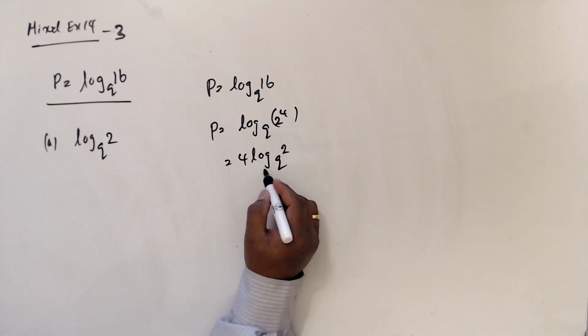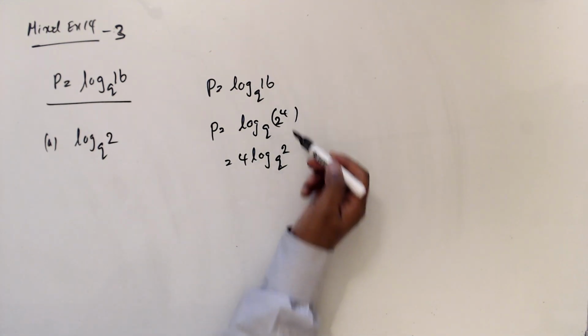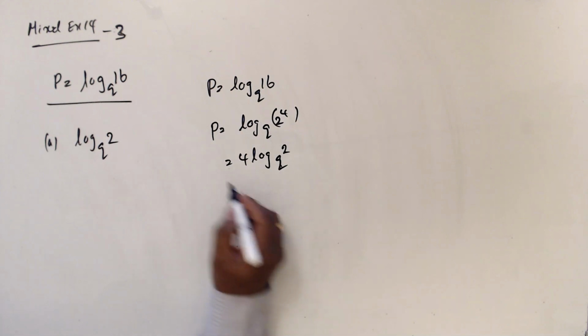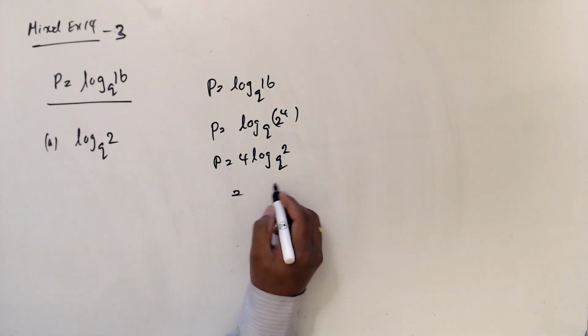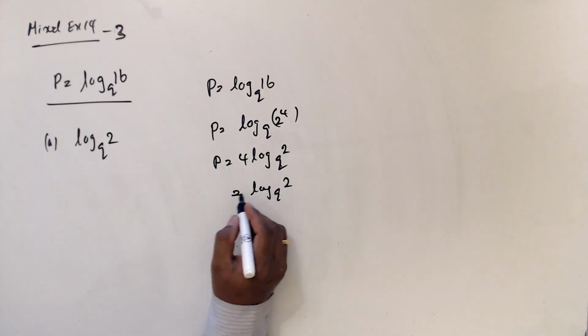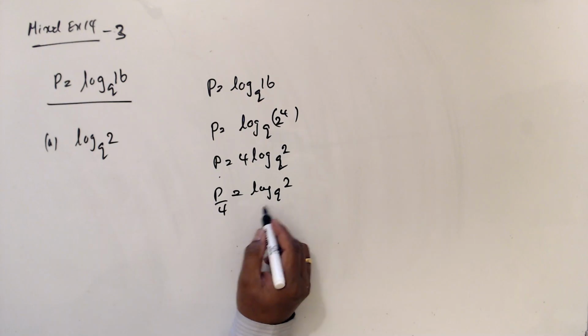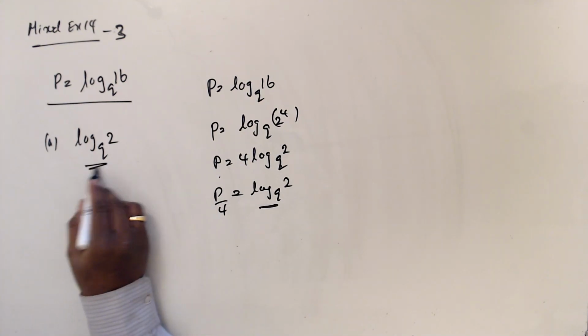So I made Q to the power 2 by writing 16 as a power. Now log Q to the power 2 is P divided by 4. I bring 4 down. Now we already found the answer.